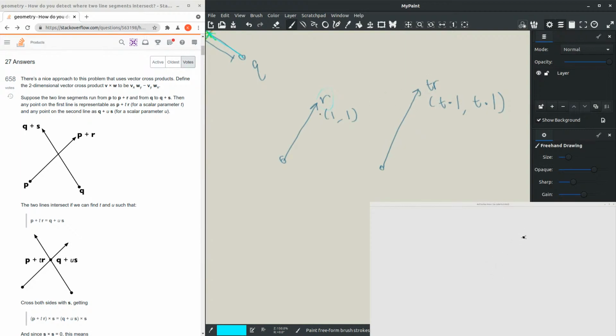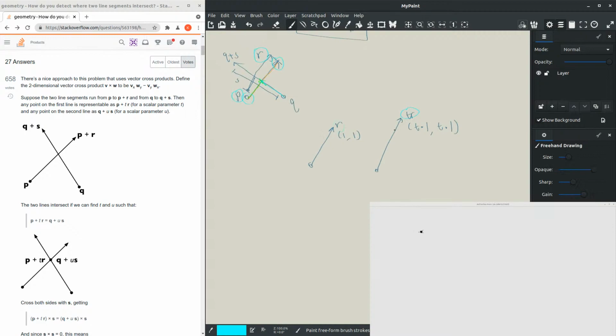But we can multiply this by some scalar so that we get some t times r, which just has coordinates t times the original r_x, comma, t times r_y, right? So then we can adjust this so that this scales all the way down to the point at which it would intersect. And the same thing on the other side.